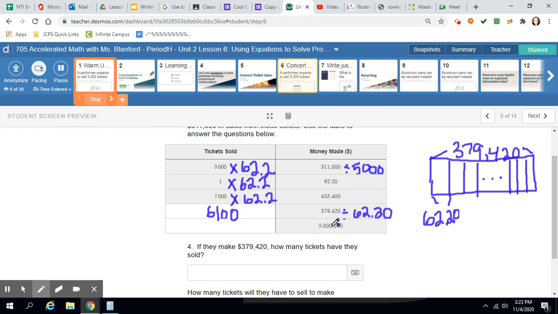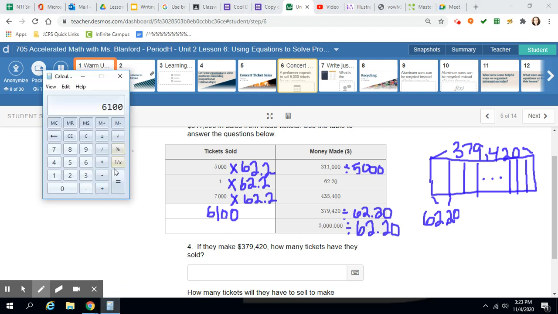Okay, can you do the same thing? So now instead of this much money, they're making 5 million. So the question is, how could I figure out how many tickets that is? Again, we're going to divide it by the price of one ticket and see how many of those tickets make up $5 million this time.